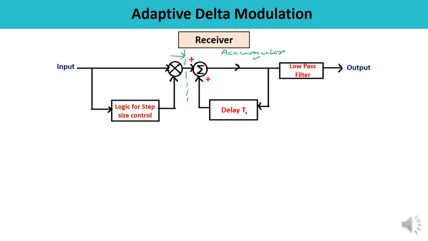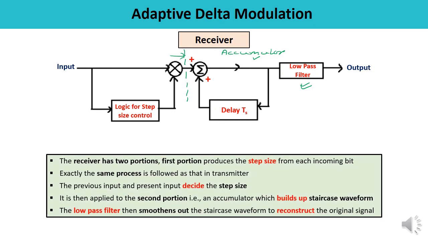Then you can observe there is a low pass filter also, and the function of this low pass filter is to smoothen out the staircase waveform so that the reconstruction of the original signal is easy, and that could be done accurately. So the low pass filter smoothens out the staircase waveform to reconstruct the original signal. This is how you can explain the receiver section of the adaptive delta modulation.